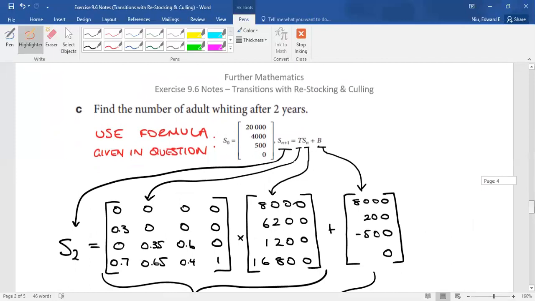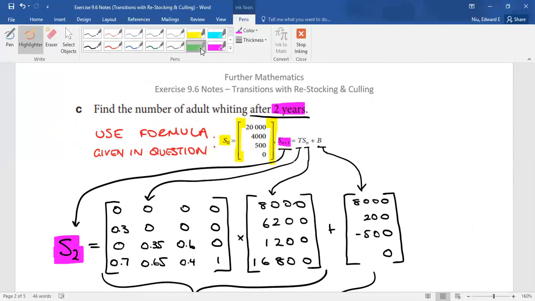Part C. Now it's saying find the number of adult whitings after 2 years. And what we need to recognize is we still use that same formula like we did in year 1. Initial starting point is still the same in year 0. Our SN plus 1 is now S2 because the question is asking us for after 2 years.